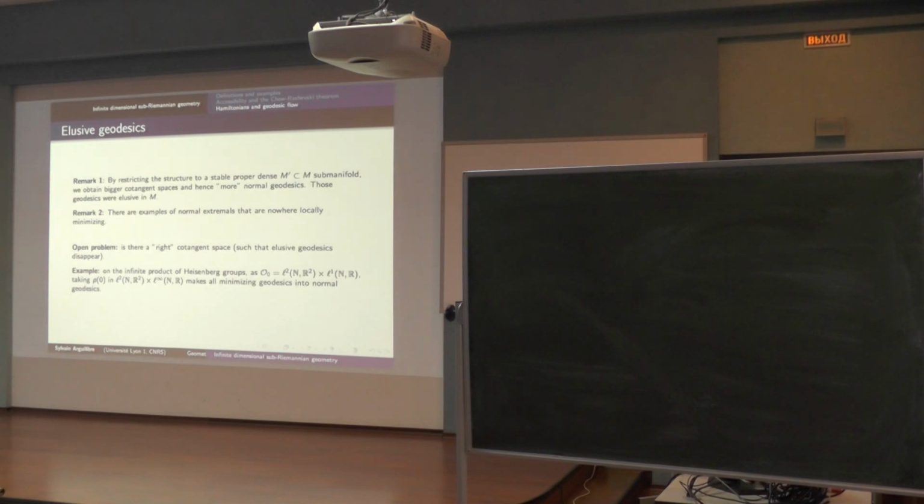And so when you look at its dual, then instead of taking L2 from n into R3, you get L2 times L infinity, which is much bigger. And actually, if you restrict yourself to this space, then all minimizing geodesics will be normal geodesics.